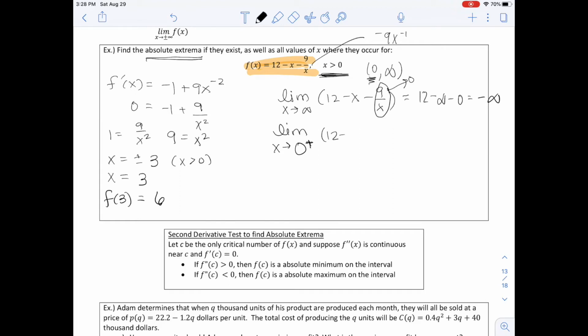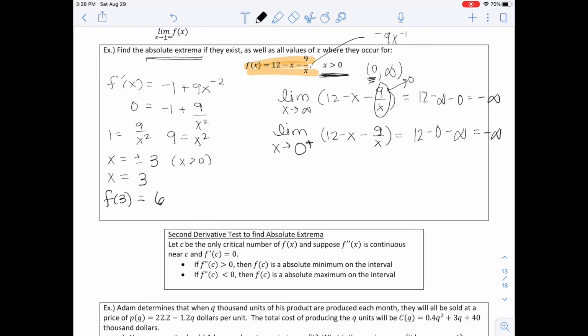And now I have 12 minus x minus 9 over x as the function that we are dealing with. So to figure this one out, I'm going to go ahead and substitute this in, and I have 12 minus 0 minus 9 over 0 from the right, which is something extremely small. It's also positive, and so I have a negative sign out in front, but it is also going to be equaling negative infinity.